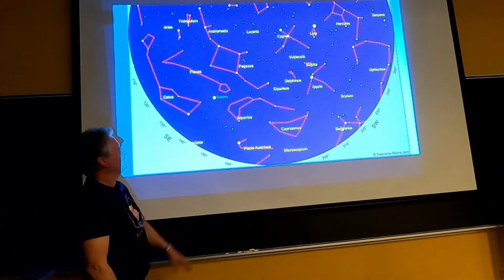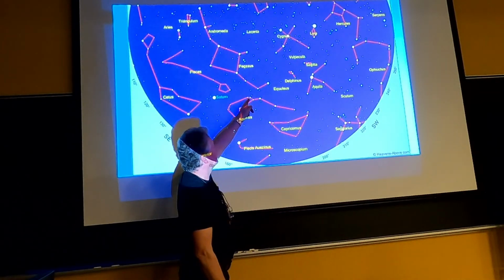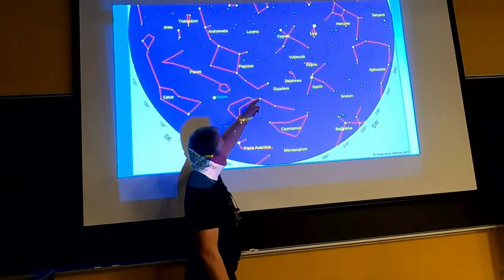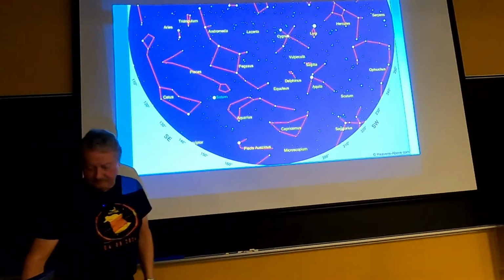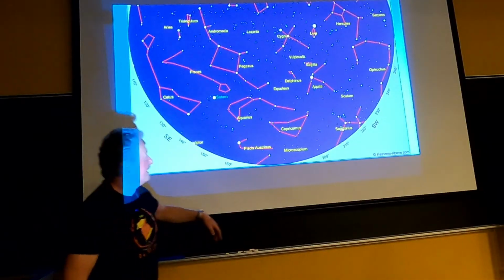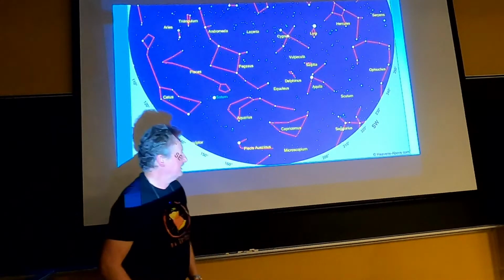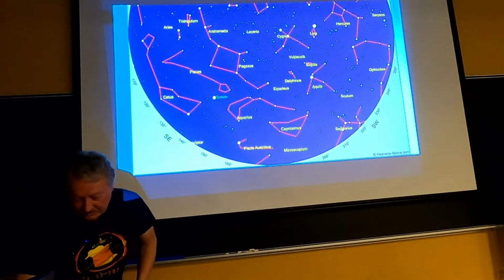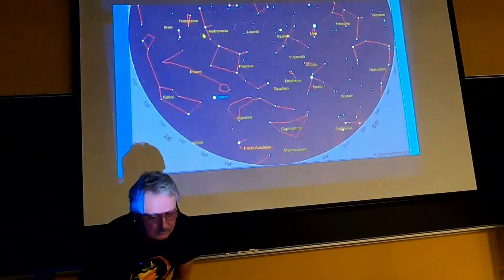But once you know where the constellation is, you can recognize that. And if you can recognize that, then you know where Alpha, Beta, and then Epsilon is down in there, which you'll need to know. And Capricornus, of course, is our chevron-shaped constellation, about 10 degrees off the horizon.